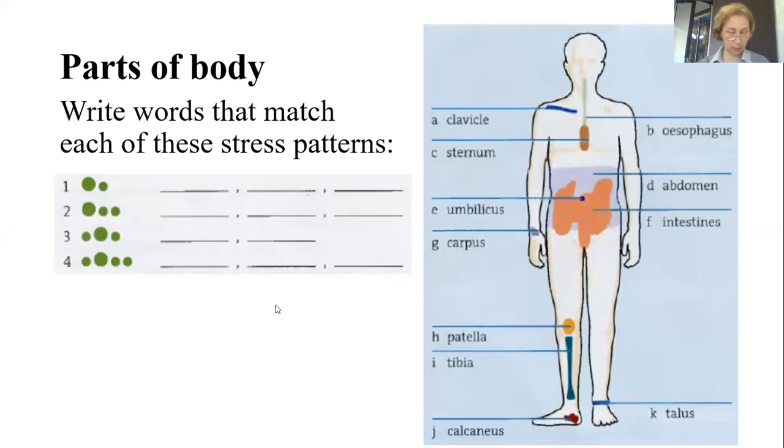No, esophagus is group 4. The first one. Okay, intestine. No, Mohamed Abu Ali. Yes, teacher. We can say abdomen, tibia, and the clavicle. And clavicle, exactly.